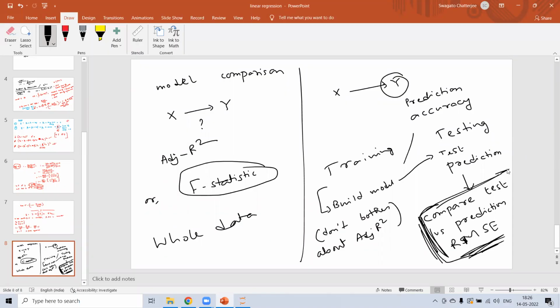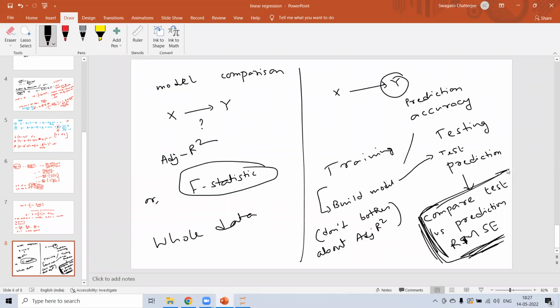But if your focus was that a new customer comes in, and I know his income and his pattern, and I want his probable default rate, in that case it is a predictive problem. You are not past focused, you are future focused, and you will take the second approach, where you break it into training and testing, and focus on the model accuracy on the testing data, and not bother about the training data at all.